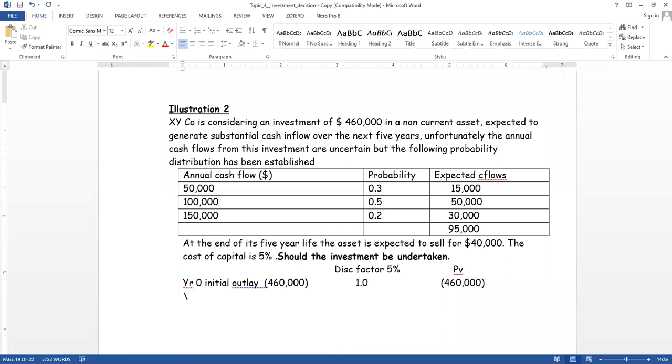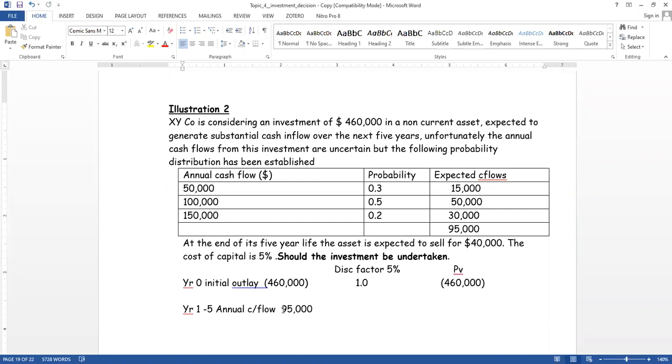Then I go to year 1 to 5. Then you have the annual cash flow. And the annual cash flow in this case is going to be 95. So you go and look for a 5-year annuity at 5%. What do you get?